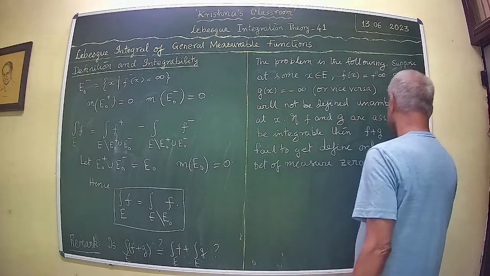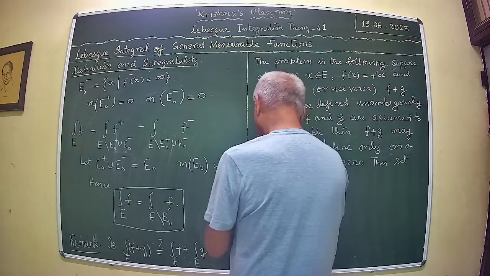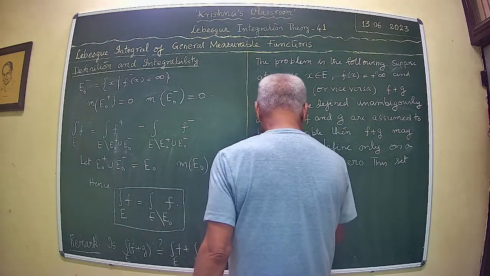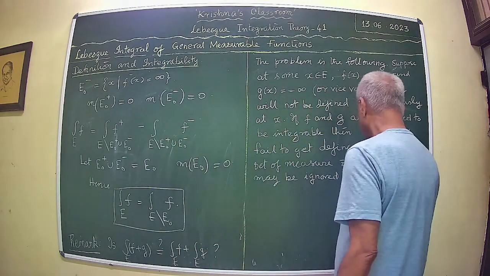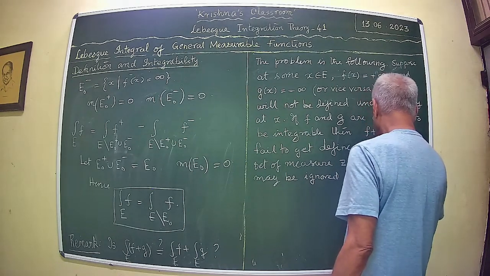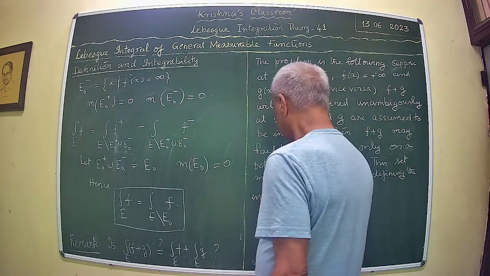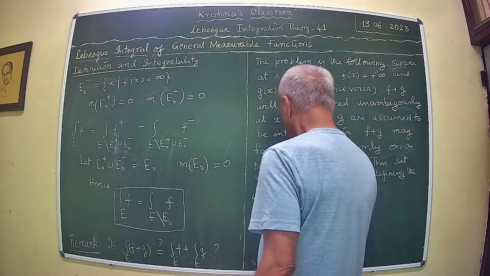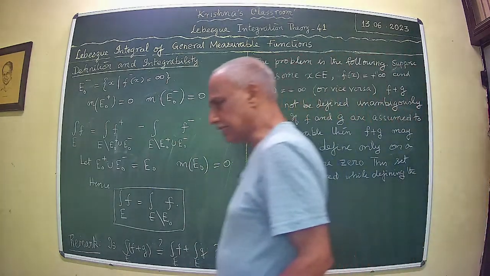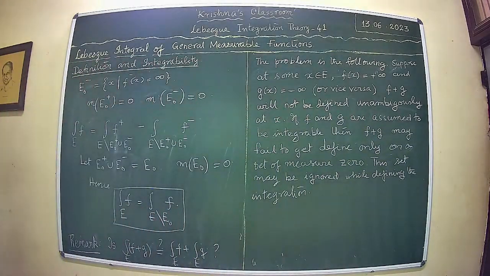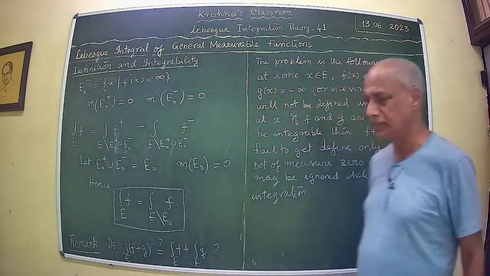And of course, this set may be ignored while defining the integration. Because on this set, whatever happens, since it is a set of measure 0, the contribution to the integral from that is going to be 0. So that doesn't matter.